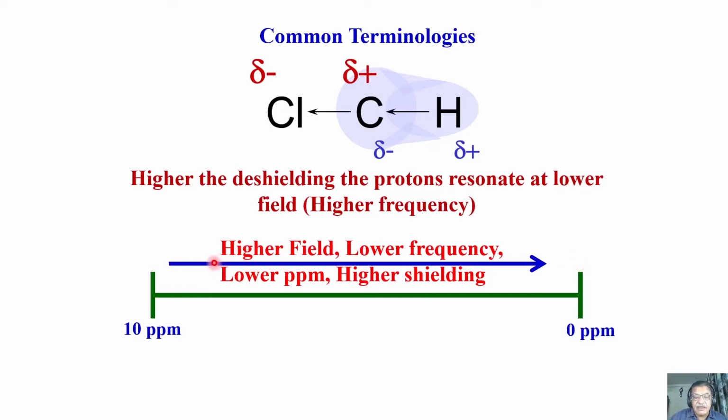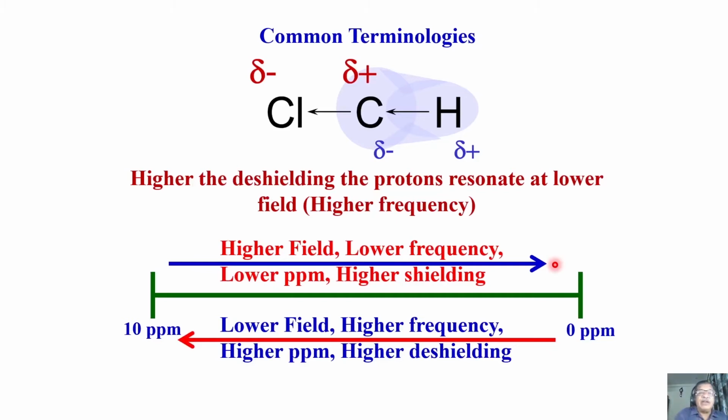But conventionally, the terminologies we use in the regular NMR spectrum are: we are moving towards high field, lower frequency, lower ppm, and higher shielding. These are the terminologies. What happens if we come from right to left? Everything is the same, only things get reversed.